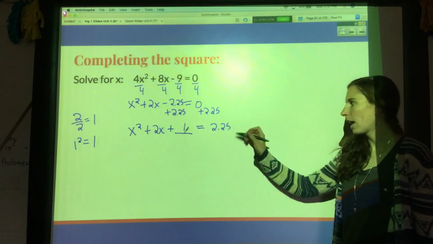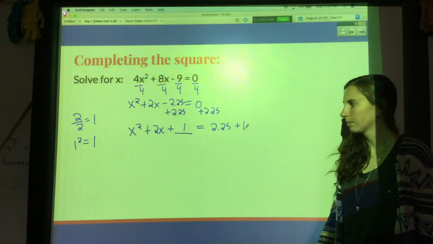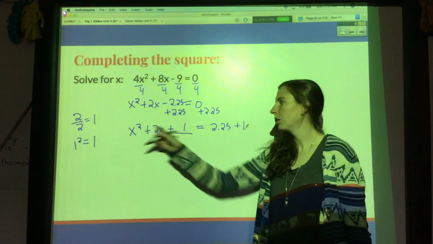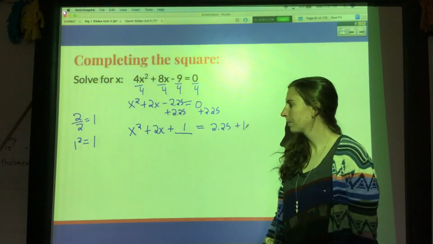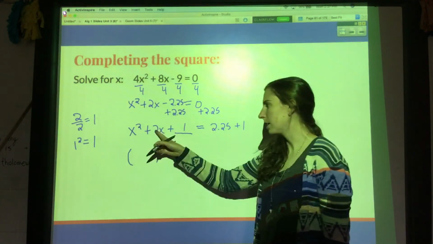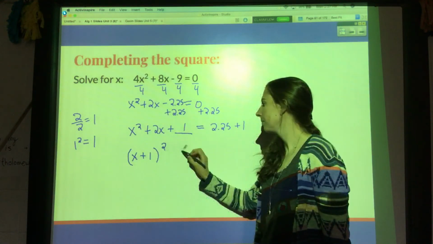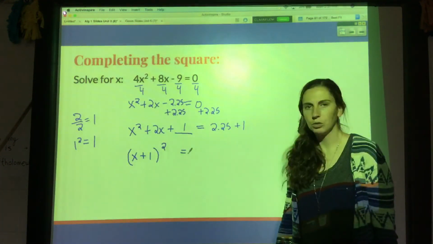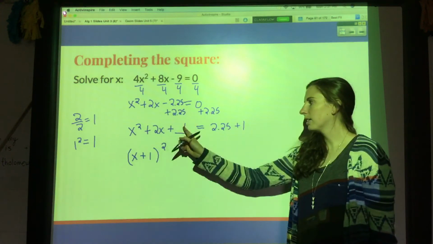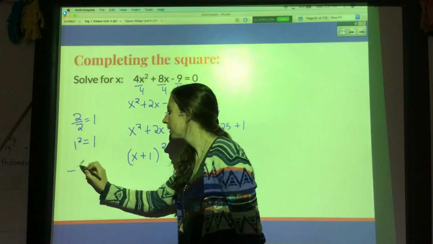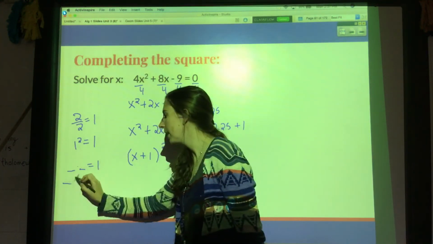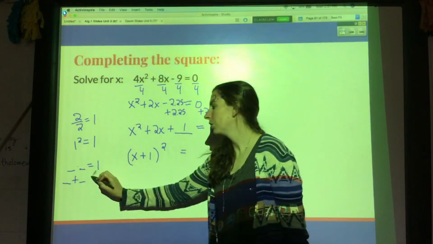Don't forget to also add 1 to this side, and then factor this. It's always going to be this number cut in half. So x plus 1 squared. But if you forgot, you can always do rainbow method. What multiplies to give you 1? What times what multiplies to give you 1 and adds to give you 2?